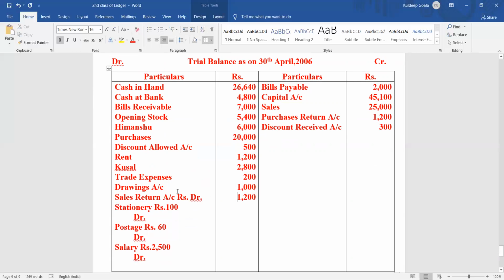Then sales return will also be in the debit. Remember the items, okay, as per the nature of the item, it is appearing either in the debit or credit side, so be very careful.